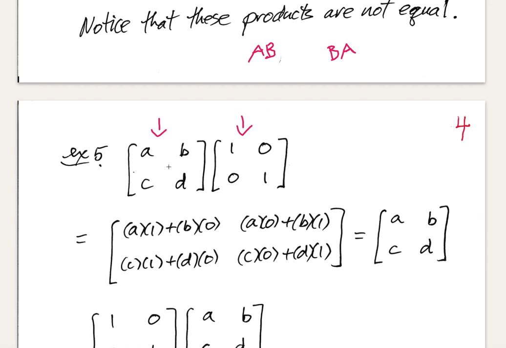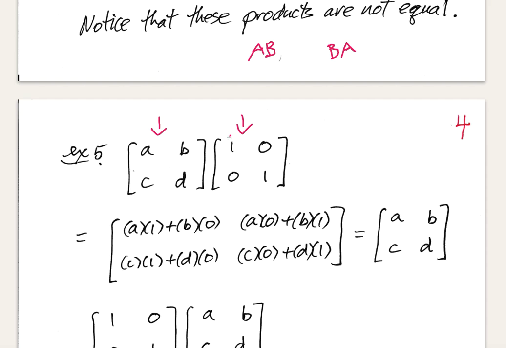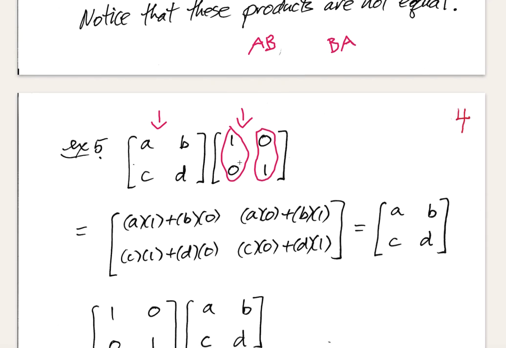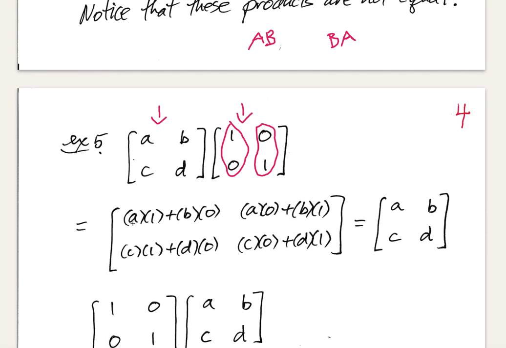Okay. Now, when I take the product here, again, practice this column by column. Okay. So starting with that first column of the matrix on the right, go ahead and multiply here. I'm going to have A times 1 plus B times 0. Okay.